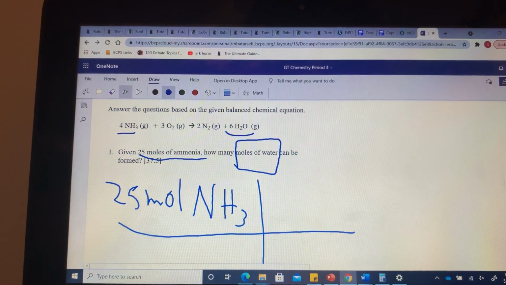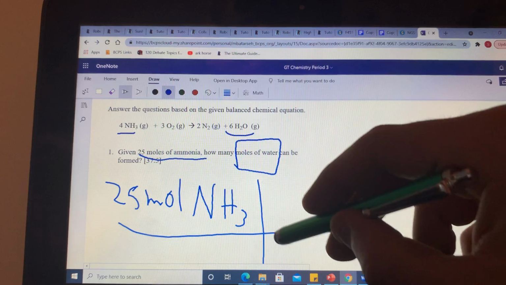So we want to convert that to moles of water. So we have moles of NH3, and we want to get moles of water, but the mole ratio is 4 to 6. So it's not going to be the same, it's going to be different.